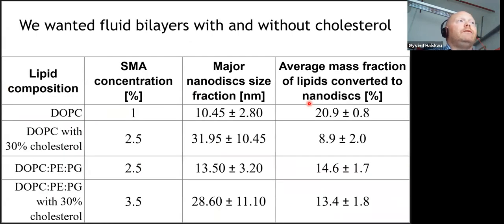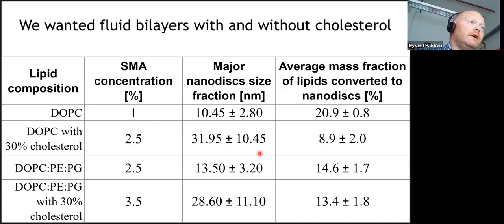So we wanted fluid bilayers with and without cholesterol. So we made vesicles, added SMALPs in the concentrations which are logged here. And then the major nanodisc size fractions are given as follows. We also assessed the average mass fraction of lipids that were converted from vesicles to nanodiscs.